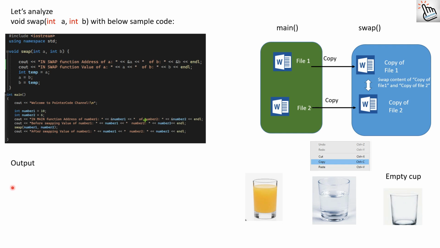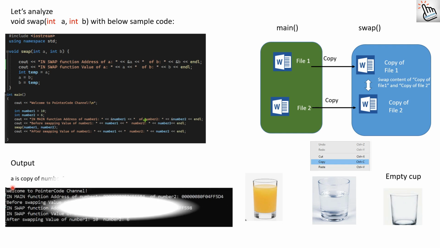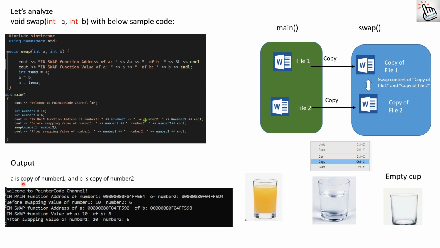After that you can easily run the code and see the values. Here, A is a copy of number 1 and B is a copy of number 2, absolutely the same as the files: copy of file 1 and copy of file 2.